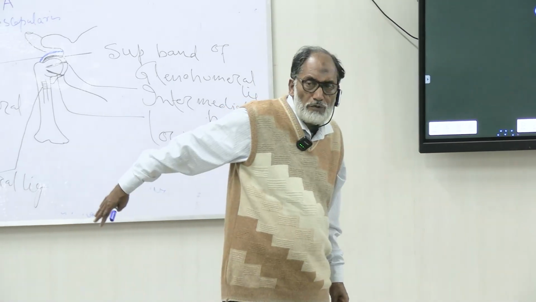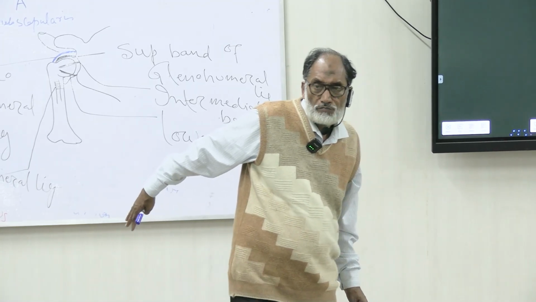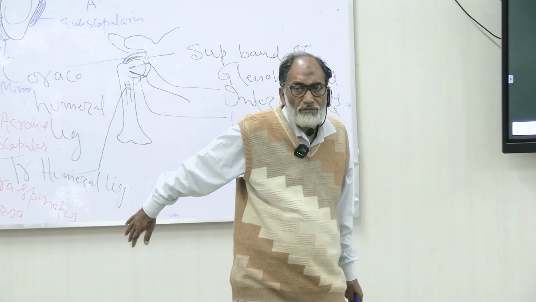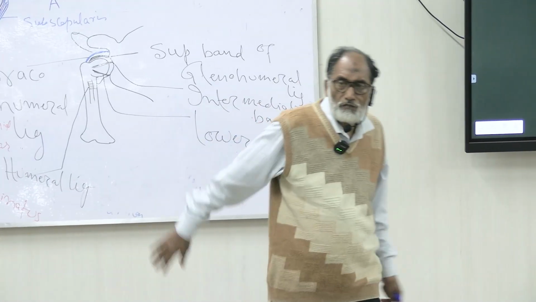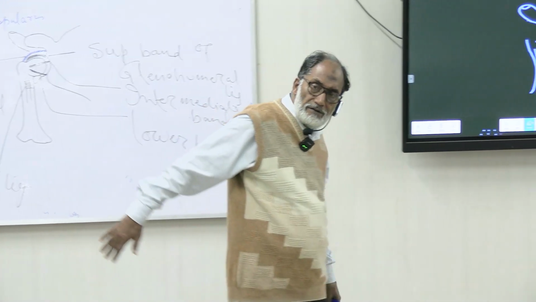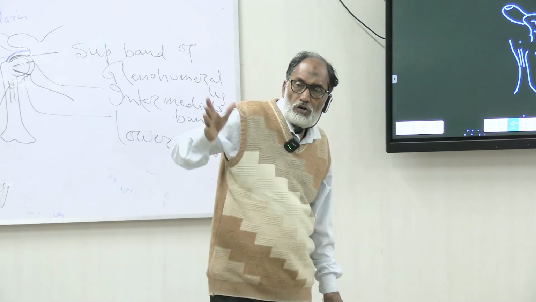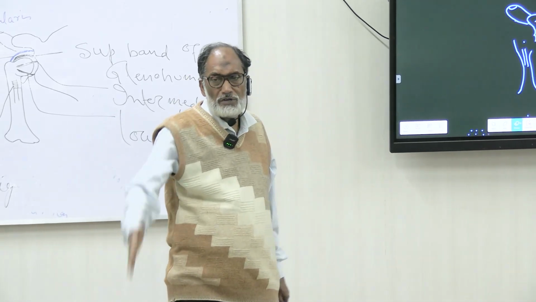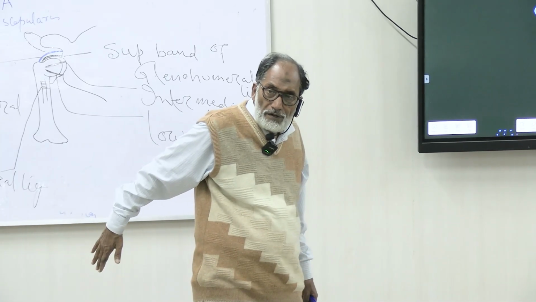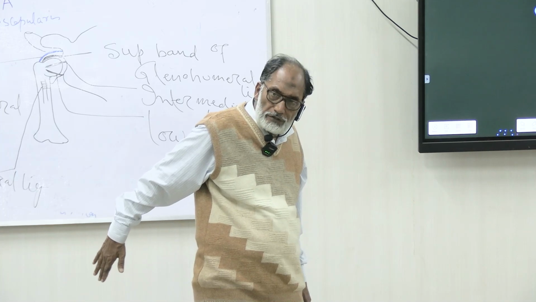Now extension is done by the muscles at the back: the posterior fibers of the deltoid, and one muscle coming here, that is called latissimus dorsi. So the posterior fibers of the deltoid and latissimus dorsi. Right.